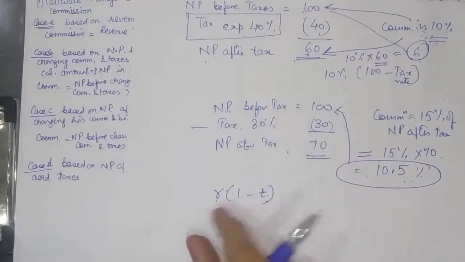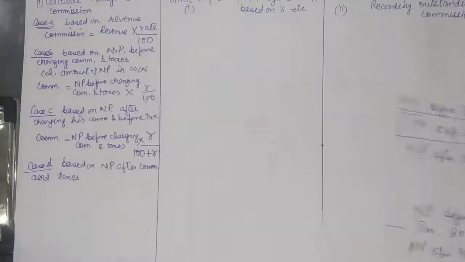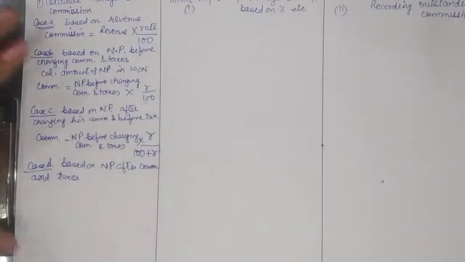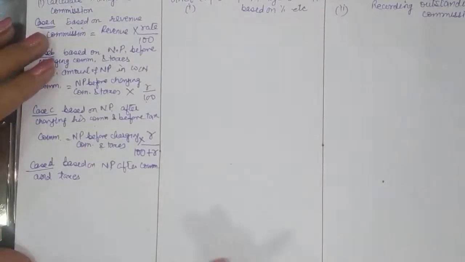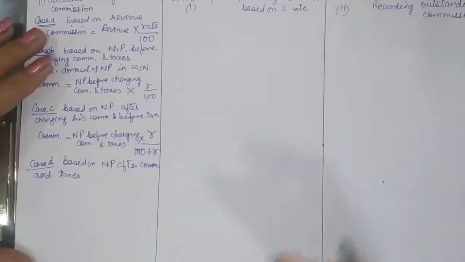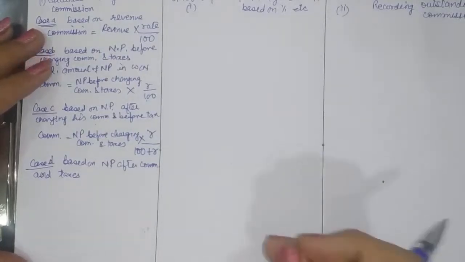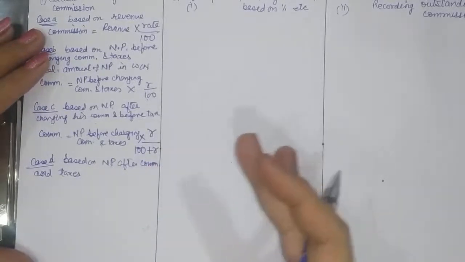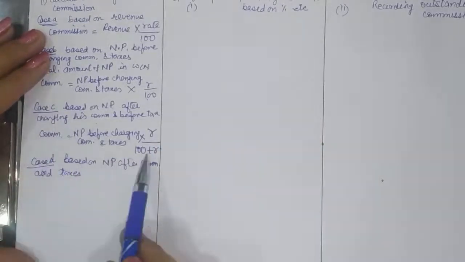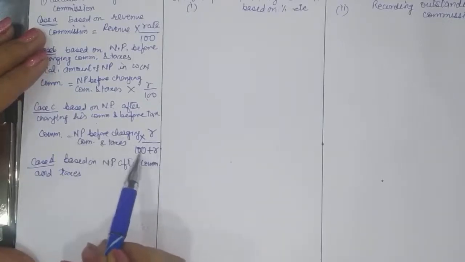So you can change the rate, because in any case we cannot calculate profit and all other taxes unless and until the commission has been calculated. So rather than going into a detailed calculation, assuming the amount to be X and so on, we can simply change the rate or change the base. Like here we changed the base. We took it as 100 plus R because we had net profit before commission and taxes. So we changed the base.